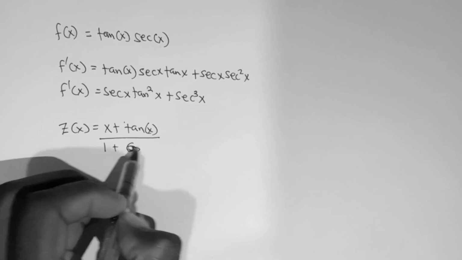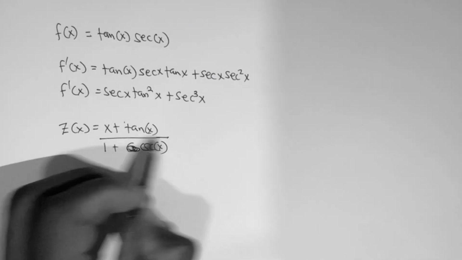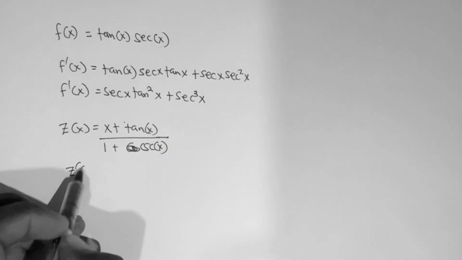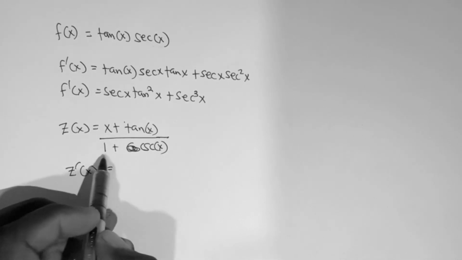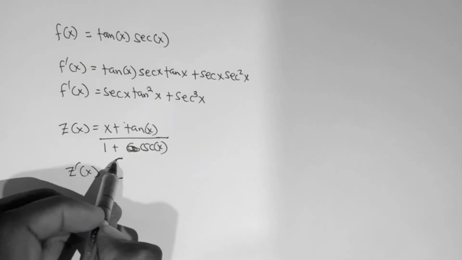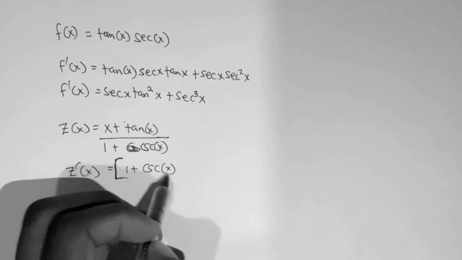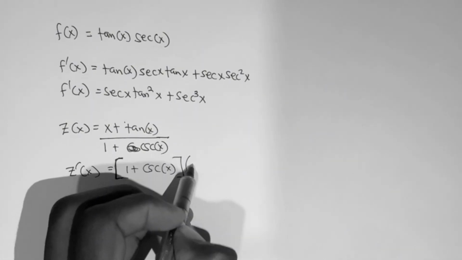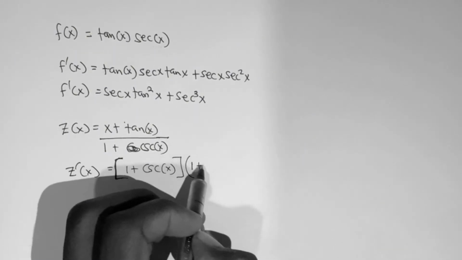What if we have z of x equals x plus tan x divided by 1 plus cosec x? What is the derivative of z of x? So z prime of x is equal to, maintain the denominator because we are using the quotient rule. So in this case, it becomes 1 plus cosec x. Then differentiate the numerator. If you differentiate x, you get 1 plus, if you differentiate tan x, you will get sec squared x.